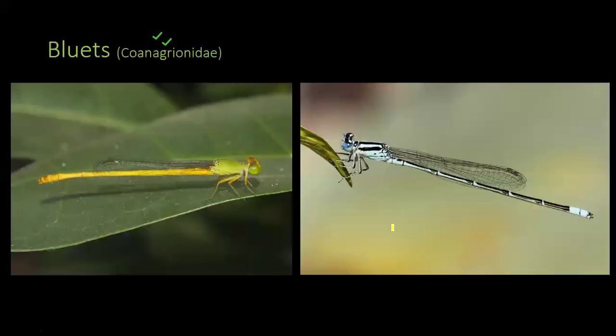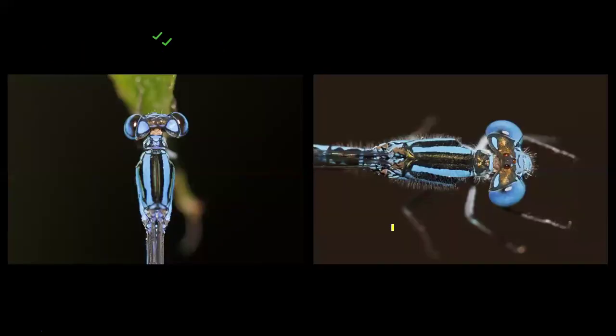Right. Bluets, or family Coenagrionidae, again, this is like a mixed bag. There are multiple different species in this family, a very large number of species, and they have all sorts of colors, patterns, and everything. So there's no particular similar morphological character. But most species, not all, have what we call postocular spots, the small bluish or whitish pale colored spots on top of the head, above the eyes.